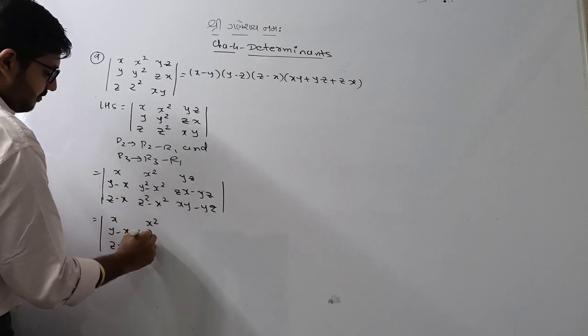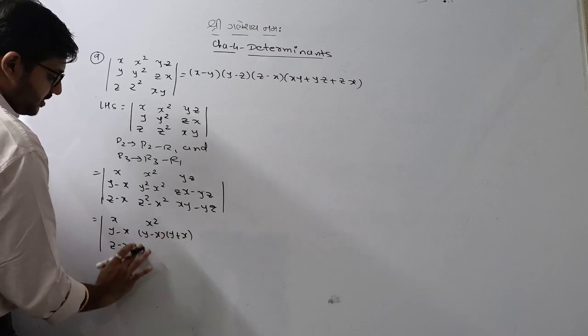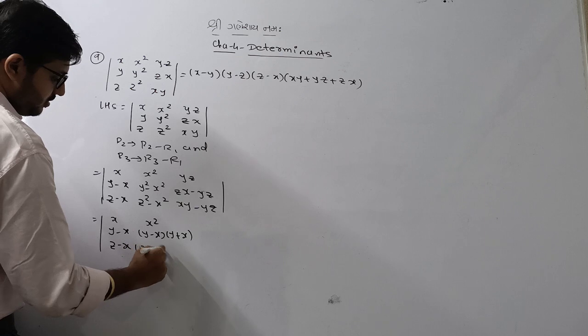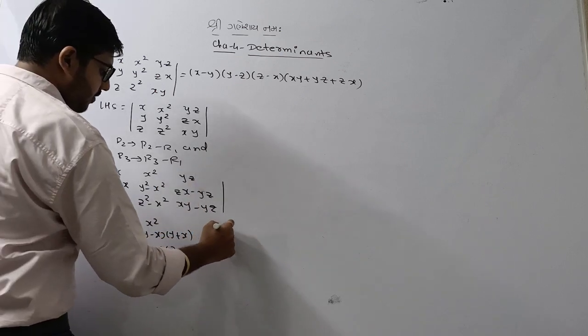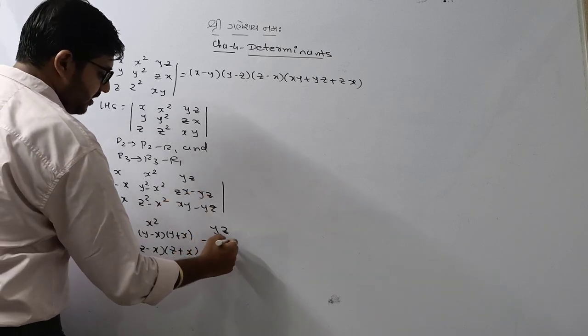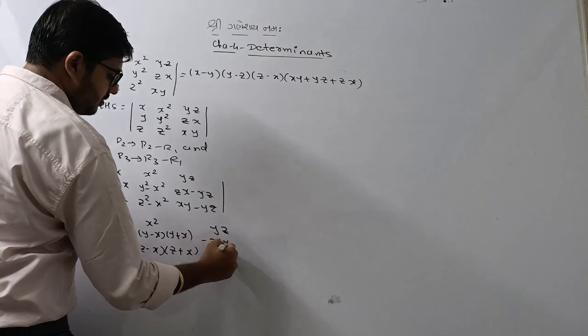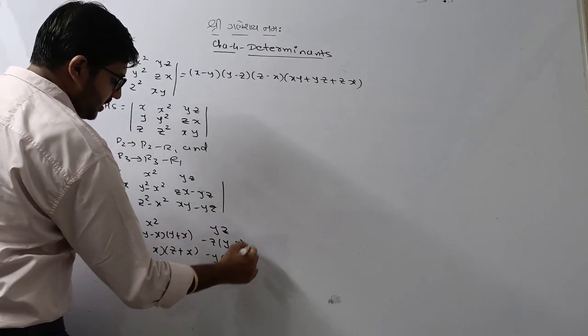So this will become y minus x into y plus x. This will become z minus x into z plus x. Now in third column we have yz. Now just check, if I take minus z common, so I will get y minus x, and if I take minus y common, then I will get z minus x.